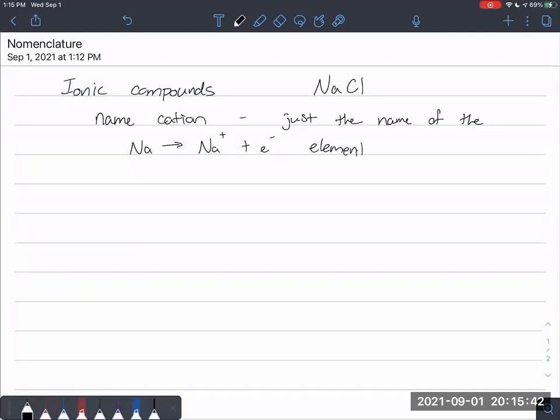Now, this actually only happens if the cation only forms one particular charge. We'll take a look at instances where the cations might have multiple charges, but for right now, it has just one particular charge. So we just name the element. So in this case, it is sodium. So this here is the sodium ion. We don't say the word ion when we name the compound. So it's just sodium.